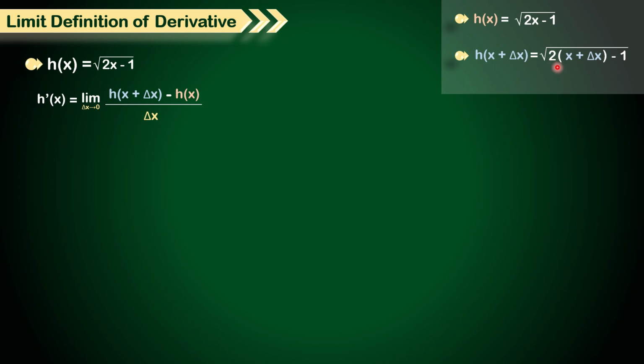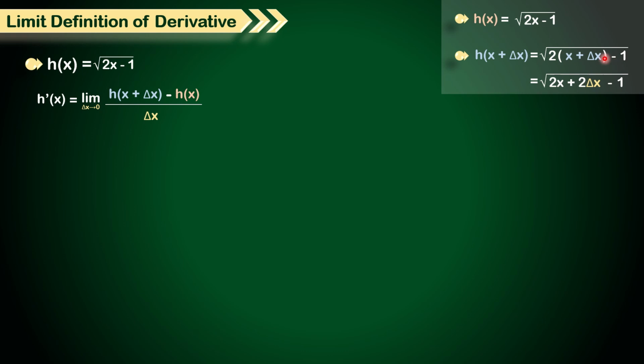Distribute 2 to each term of x plus delta x, and it is equal to the square root of 2x plus 2 delta x minus 1.